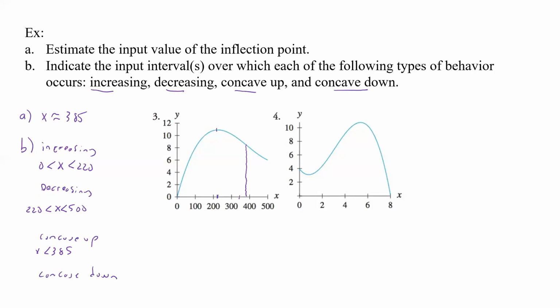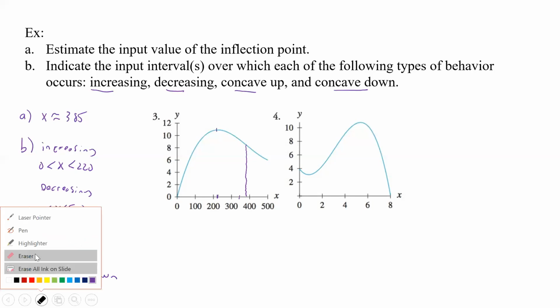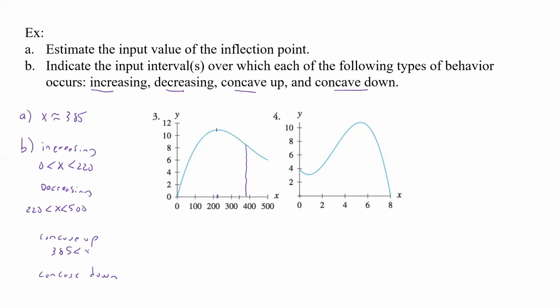Basically, oh, I wrote that on the wrong side. It's going to be 385 less than X less than 500. Okay. And concave down is everywhere else. So basically from 0 less than X less than 385. Okay, that's what I was trying to do first, and I did the other way around. All right, so that has our inflection point, increasing, decreasing, up, and down.